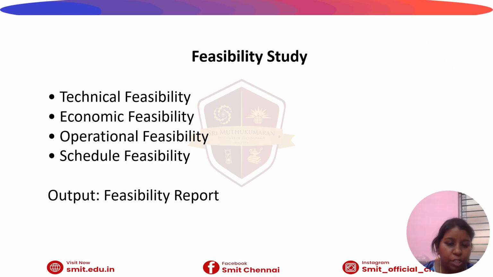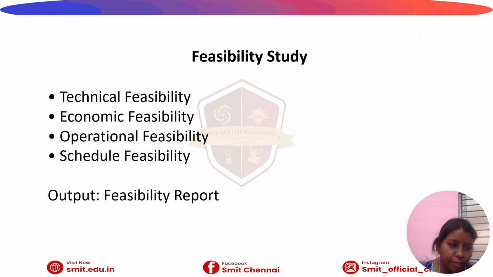In the operational feasibility, we focus on whether the organization supports the project's day-to-day operations. In the schedule feasibility, we determine if the project can be completed within a reasonable time frame. After analyzing these four feasibilities, we generate the report.